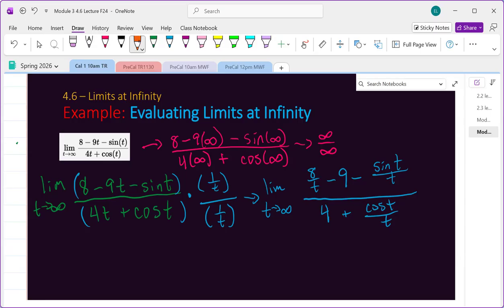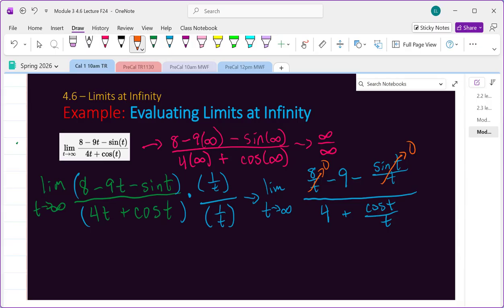So now I have a whole bunch of little fractions, but 8 over t, as t goes to infinity, that guy's going to 0. My minus 9 is a constant now, so it's going to approach minus 9. Minus the sine t over t: we did actually look at this earlier. The sine t as t goes to infinity is a constant over the t that will grow without bound. So the t on the bottom will force this whole fraction to go to 0.